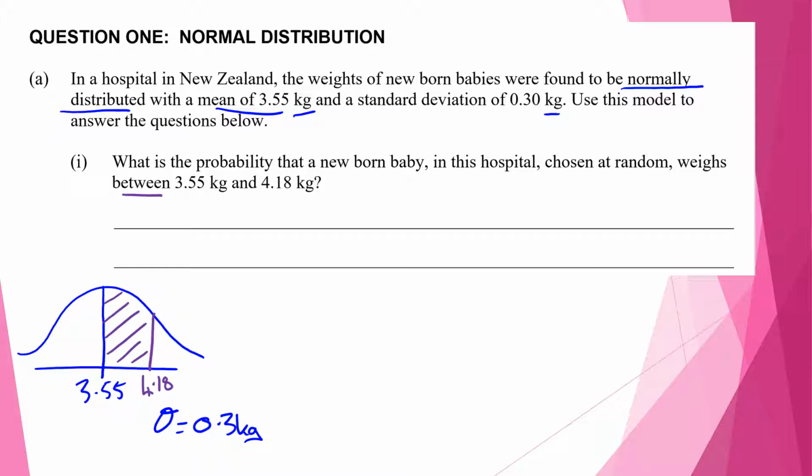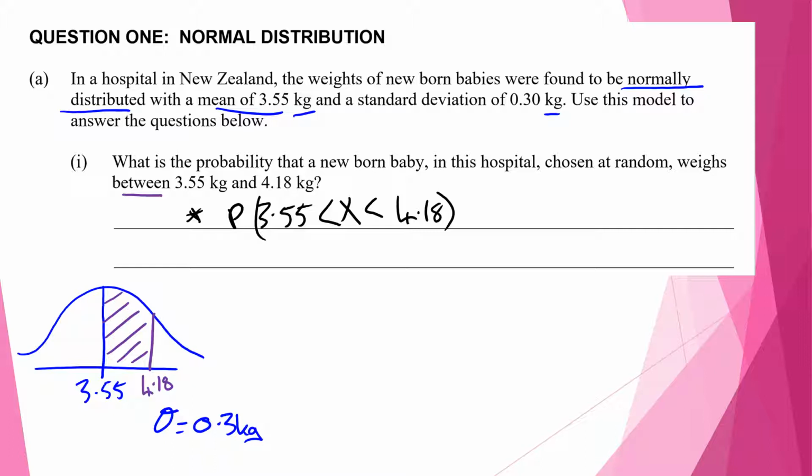Okay, so that now demonstrates what we're trying to find. You could write that down as a probability statement, that you're looking for the values of x between 3.55 and 4.18. That's not necessary, but it is mathematical communication.